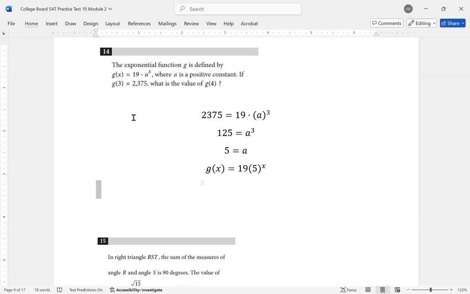When it asks me for the value of g of 4, all I should do is take 19 times 5 raised to the 4th power. Make sure you raise it to the 4th power first, and then multiply times 19 afterwards. When you do that, you get 11,875. So 11,875 is the answer to question 14.